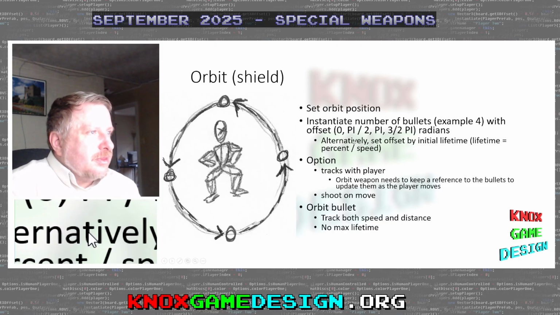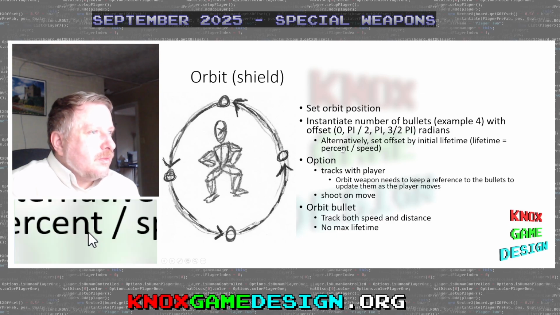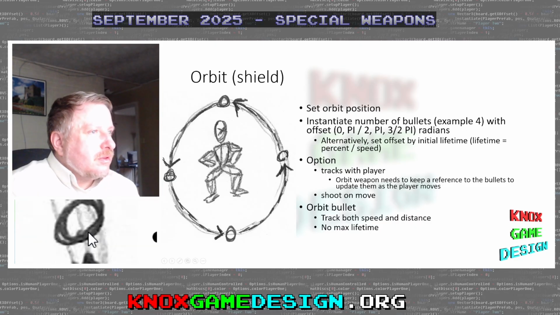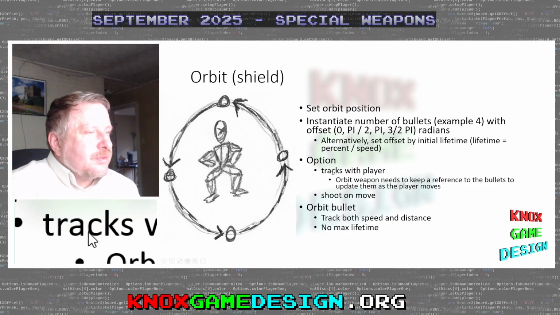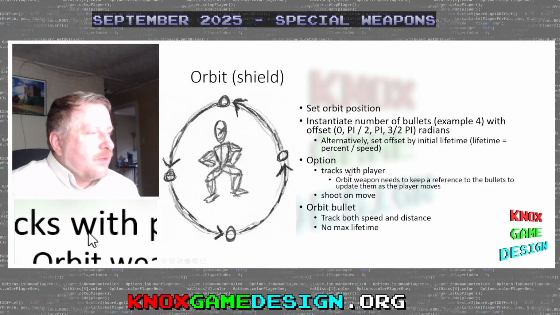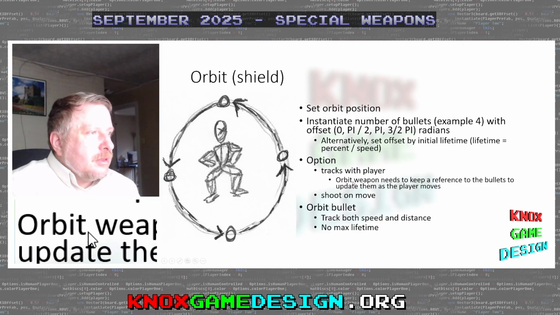The way I implement this is by setting the initial lifetime, which is the percent around the circle that the projectiles should go, the current position in percent divided by the speed. There are a couple of different options with this weapon. The orbit shield can track with the player, which is what I do in the demo.